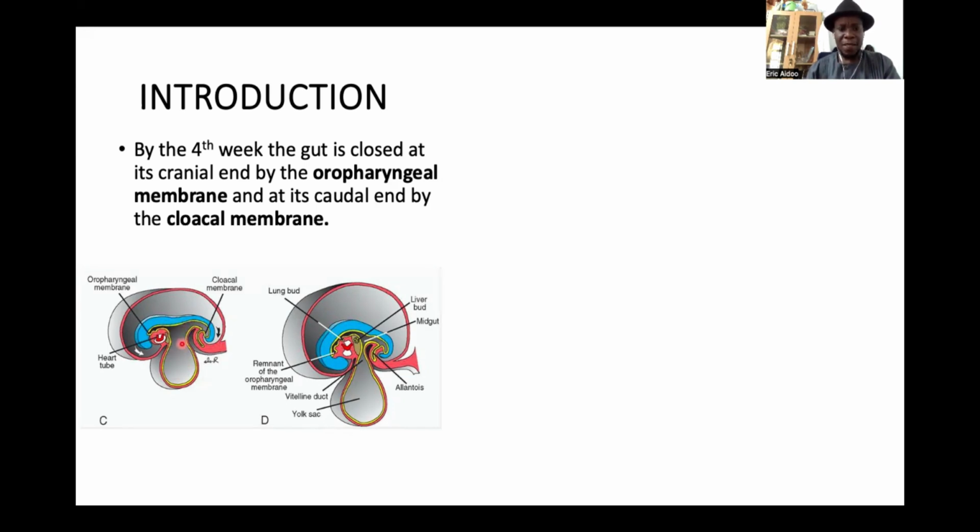Now, you will realize that something is ongoing here in this section of D, where the yolk sac is becoming indented more than in C, okay? So there's body folding going on. Both the lateral folding and caudal folding cause the introduction of structures into the body, which were hitherto lateral, and will now be incorporated into the body.